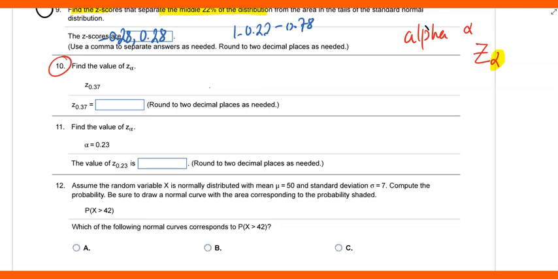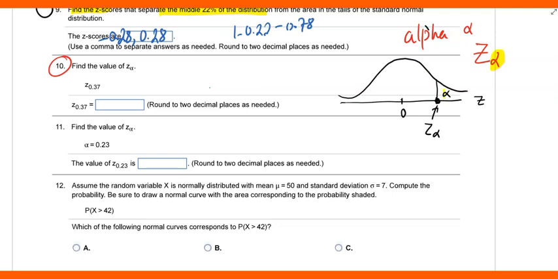area under the curve to the right of the point Z alpha. In other words, here is the standard normal curve, and this is obviously 0. If the area to the right of this point is alpha, the point is called Z alpha.